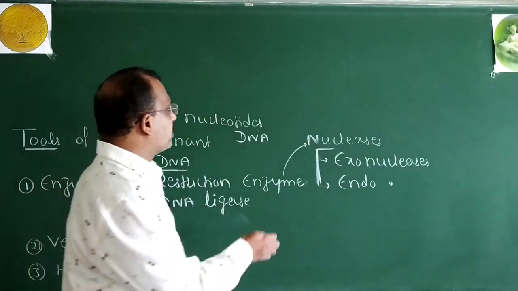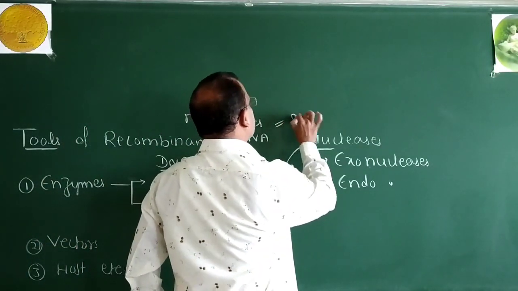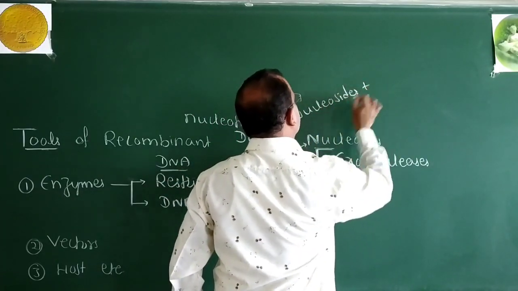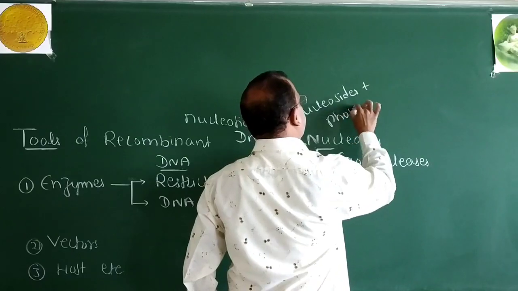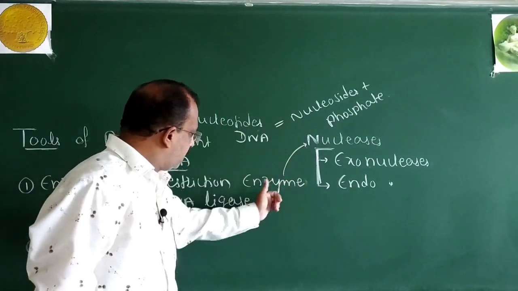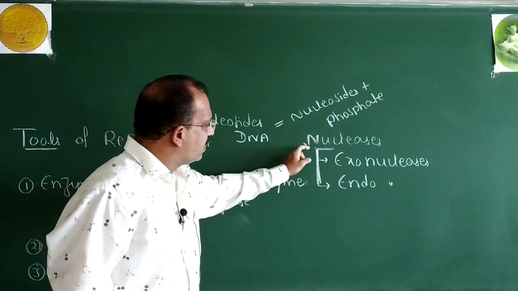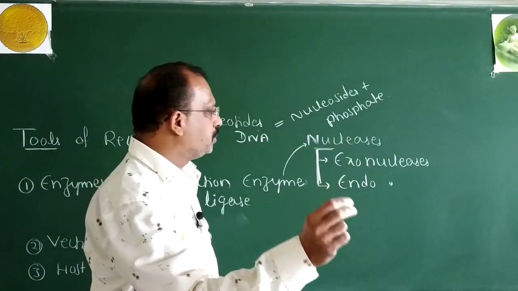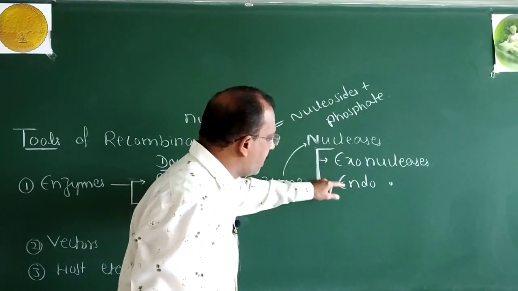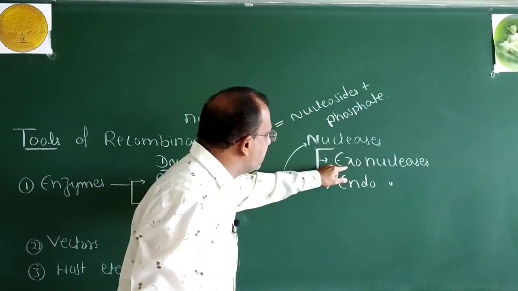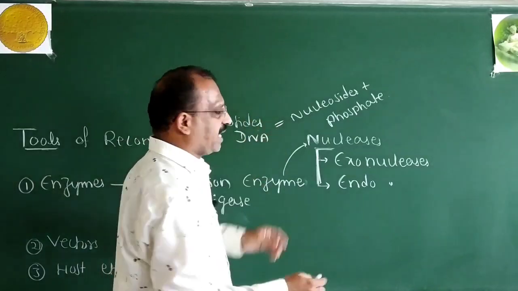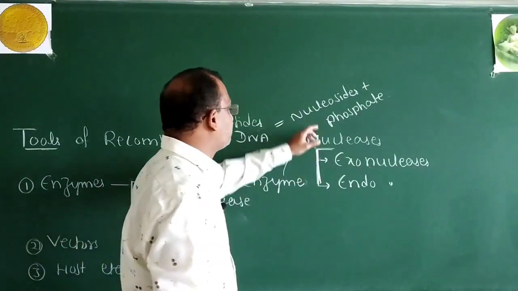I hope that you have remembered nucleotide is equal to nucleoside plus phosphate. Okay, so look over here. Nucleases are of two types: exo and endo. Exonucleases will remove the nucleotides from the end of DNA.